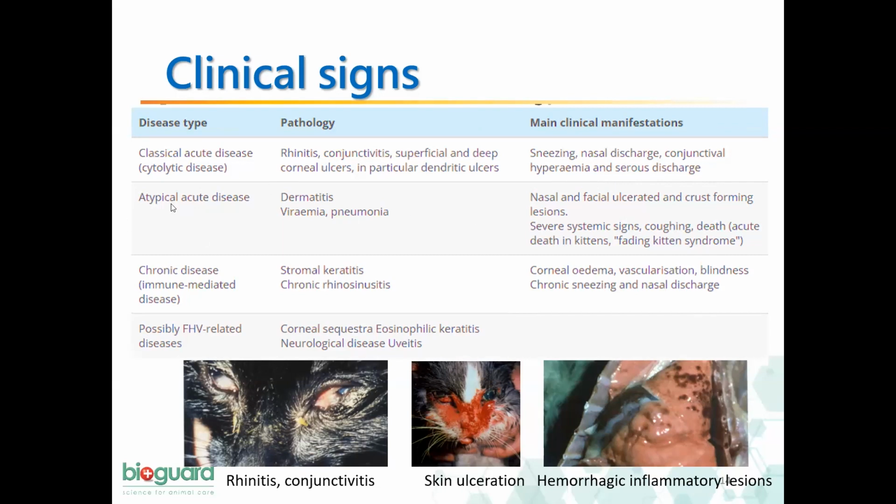Other than that, there are some atypical acute diseases where there are nasal and facial ulcerations and crust formation lesions, which can be severe, and it can also cause severe coughing and even death. Other than that, when it leads to the chronic disease condition, there is stromal keratitis, as I mentioned before, where you can see corneal vascularization, blindness, and chronic sneezing and nasal discharge.